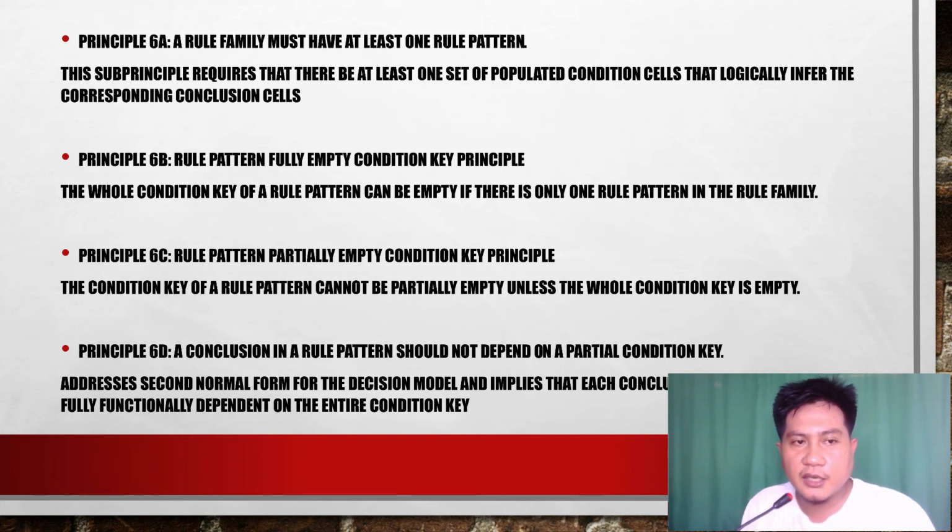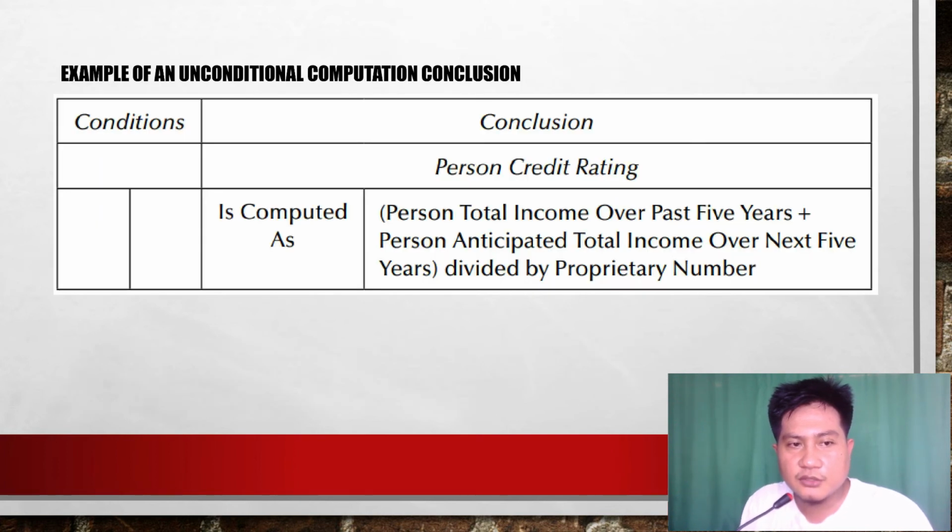If we go back to the unconditional example, we only have one condition pattern. See, it is only one column. This is why we could leave this empty and proceed to the conclusion. That is what principle 6B talks about.